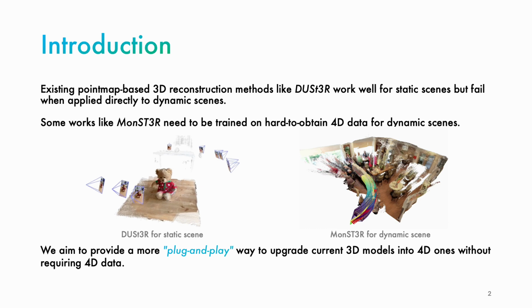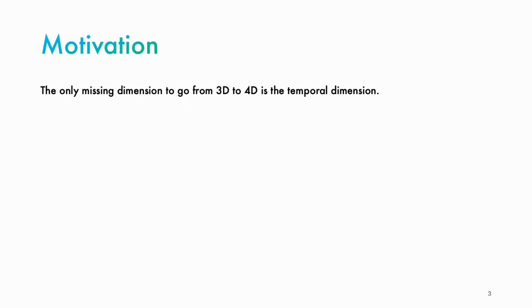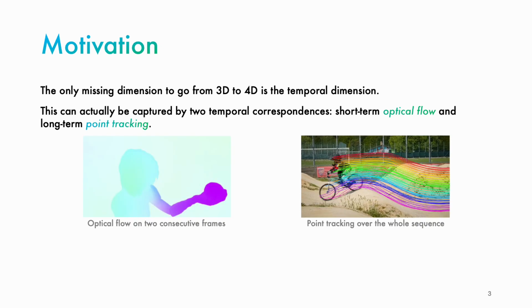Our objective is to upgrade existing 3D reconstruction models for 4D tasks without the need for retraining on 4D data. The primary challenge in extending 3D reconstruction to 4D lies in effectively incorporating the temporal dimension. Our central hypothesis is that temporal information can be robustly captured by leveraging two distinct types of temporal correspondences.